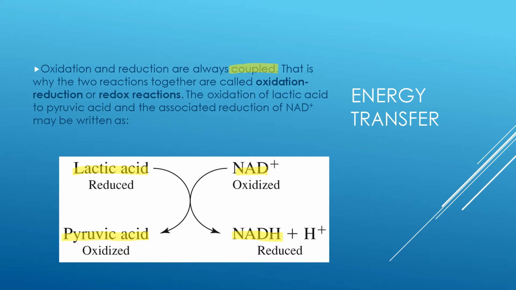And this lactic acid pyruvic acid side of the coupled reaction could really be any oxidation reduction molecule. But it's always going to be coupled with a coenzyme like NAD or FAD. Now, an important point to remember about oxidation reduction reactions is that oxidation is usually exergonic, so it's going to be an energy releasing reaction.